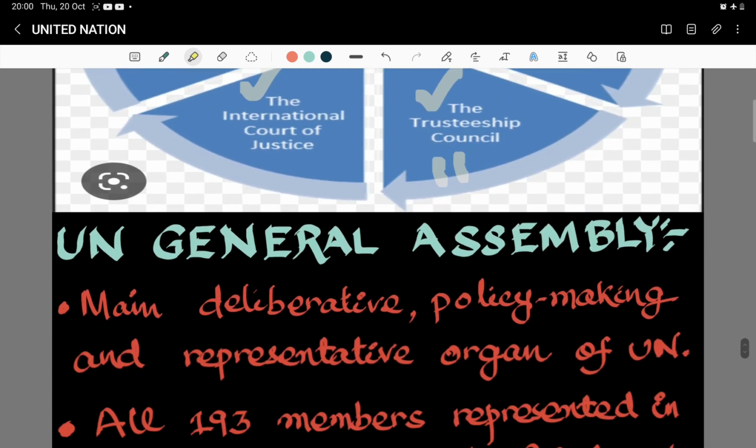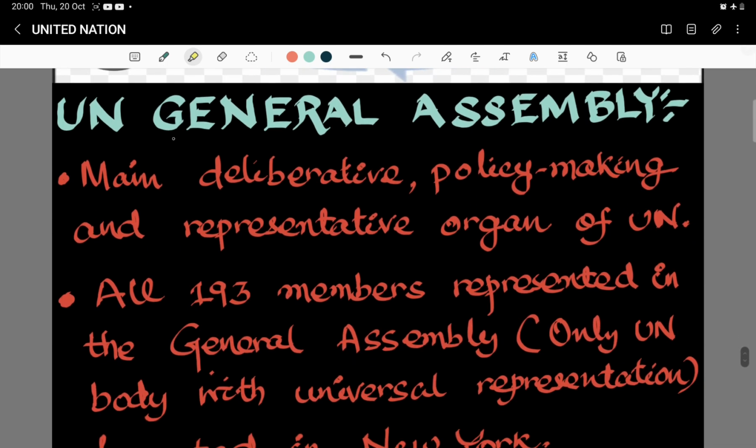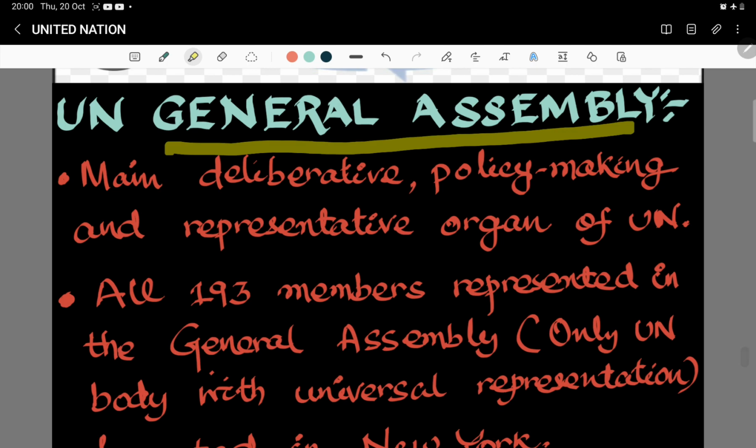Now let's discuss in detail the first principal organ, the United Nations General Assembly. It is the main policy making organ of the United Nations.